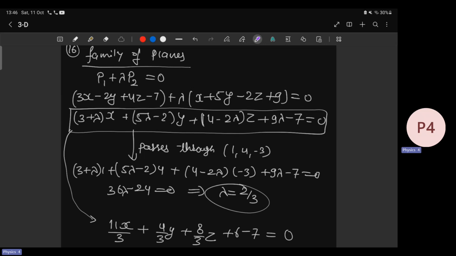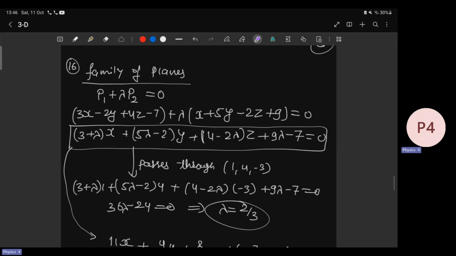In question number 16, let the equation of the plane that passes through the point 1 comma 4 comma -3 and contains the line of intersection of the planes this. So this is the concept of family of planes. We can easily write the equation of the required plane which is passing through the line of intersection of two planes, suppose P1 and P2.